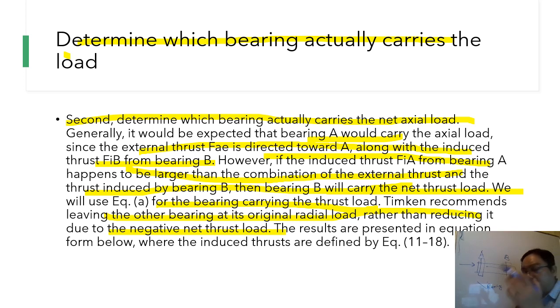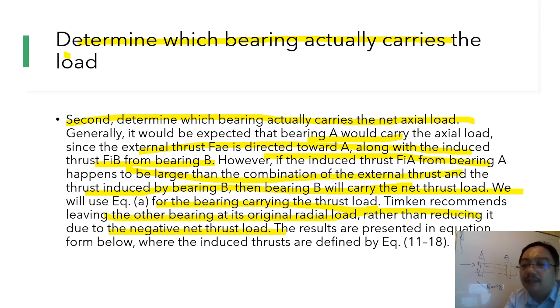For some applications, the thrust force given at A through B is felt at B, so B will carry the load, even though initially it is difficult to insert at A. During operation, when the machine runs and the shaft rotates, the thrust goes through A up to B, and B carries the load. But logically, A will carry the most load, though sometimes it happens like that.